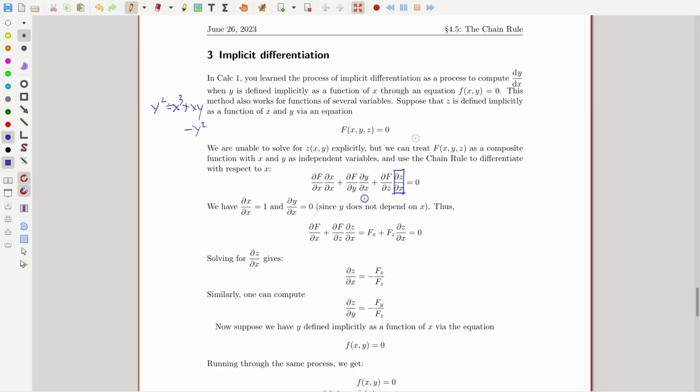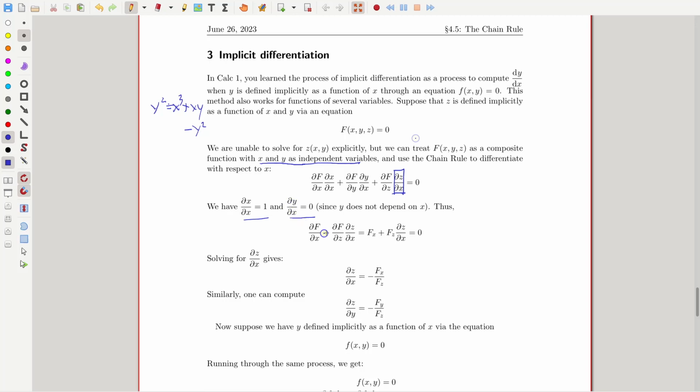And we end up having these other two terms. So you could move them over to the other side, and then divide by df dz in order to solve for it. But this actually simplifies a little bit. So dx dx is just 1, right? That should be pretty clear, pretty intuitive. The other thing is that we can actually say that dy dx is equal to 0. Now the reason that we have that is because we assume that x and y are independent variables, and so the way that y changes with respect to x is it doesn't.